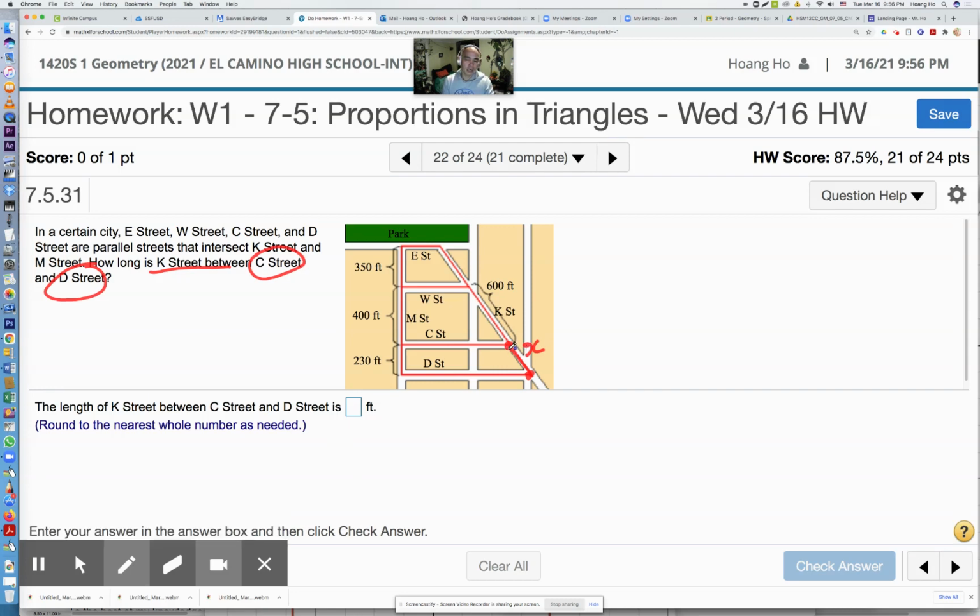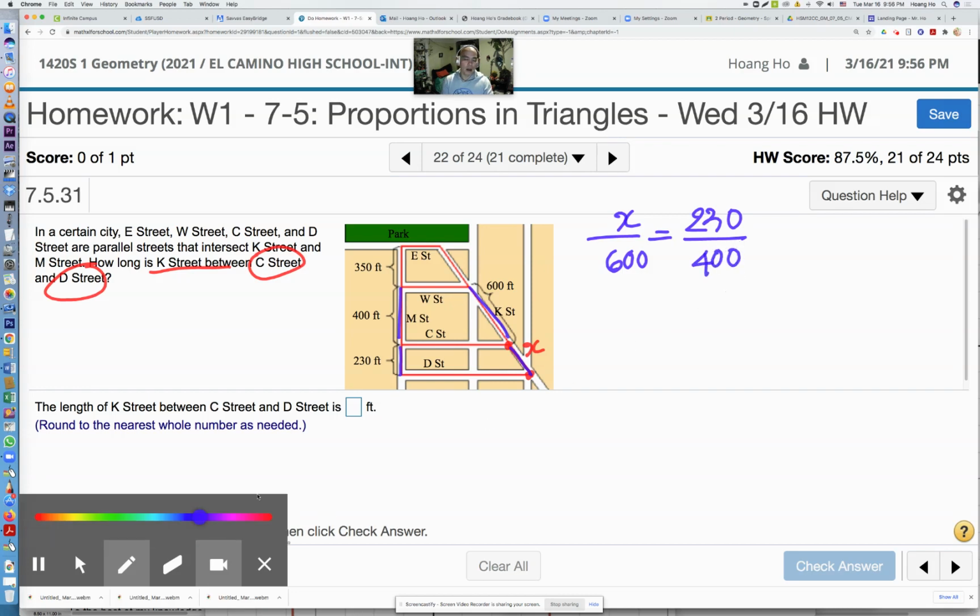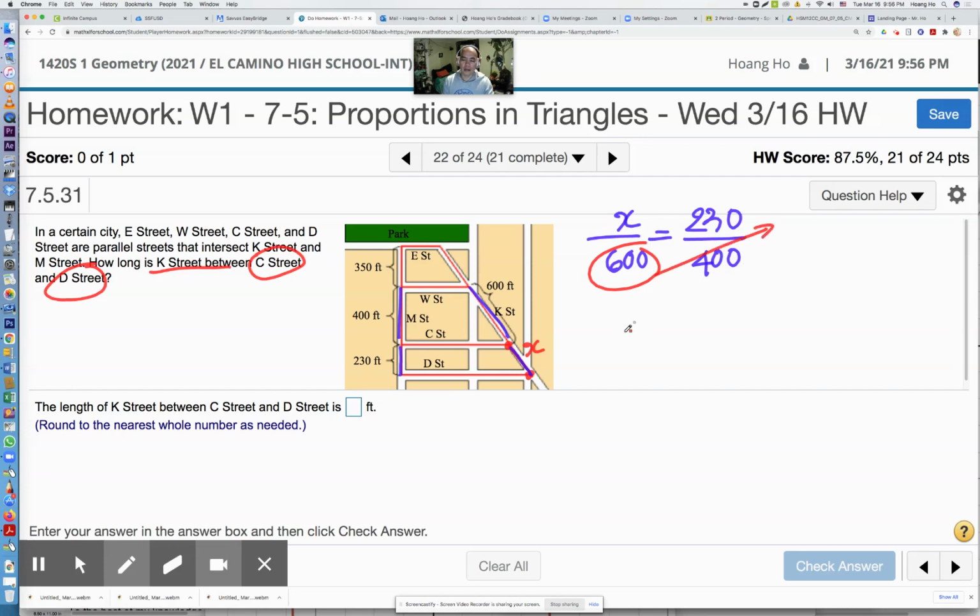You can set up X over 600 if you want, so that would be 230 over 400. Now cross multiply to the other side. So X equals 230 divided by 400 multiplied by 600.